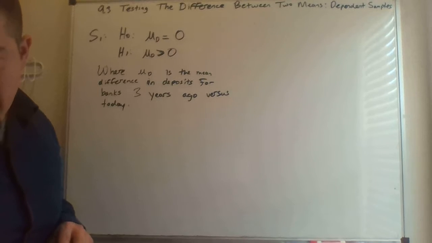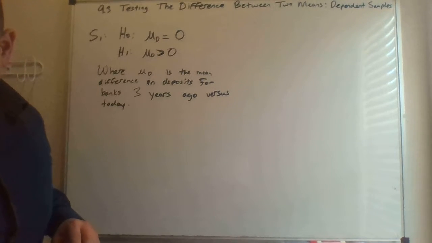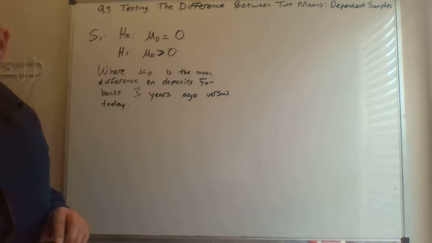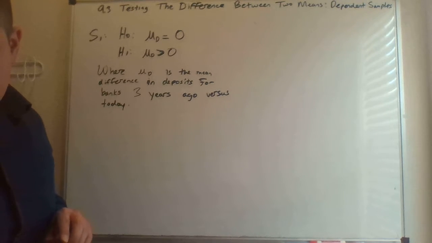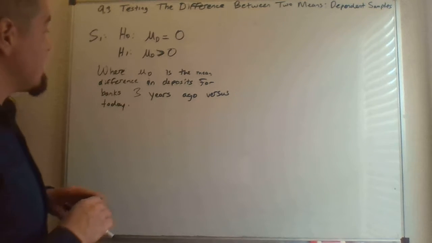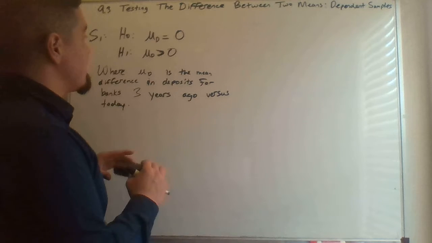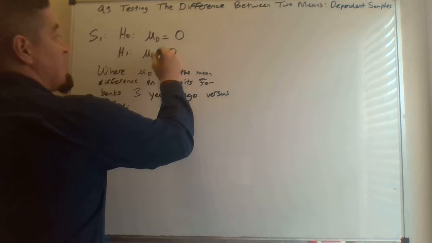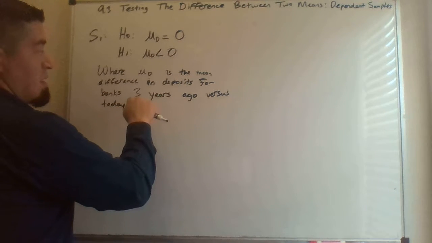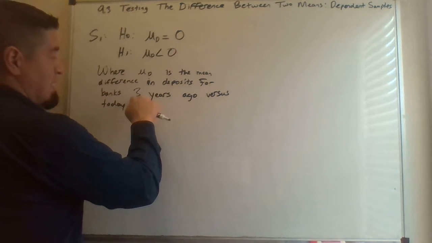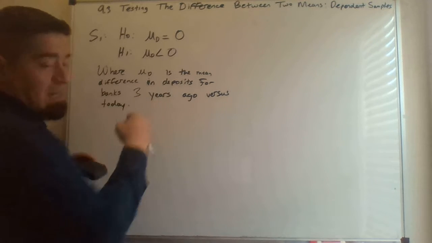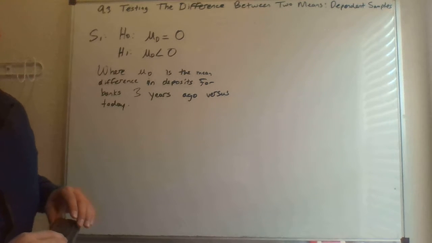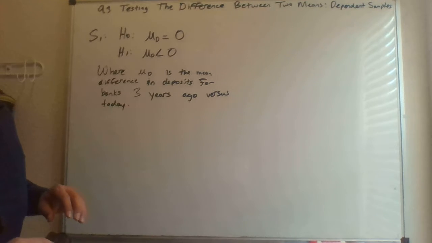So following up on that, if we go back to the statement, at alpha equal to 0.05, can it be concluded that the average in deposits for the bank is greater today than it was 3 years ago? So the way we defined it, 3 years minus today, that would have to mean the mean difference would have to be negative, because if 3 years ago was less than what it was today, let's say like on the first, if you look at the first column, it says 11.42 minus 16.69.